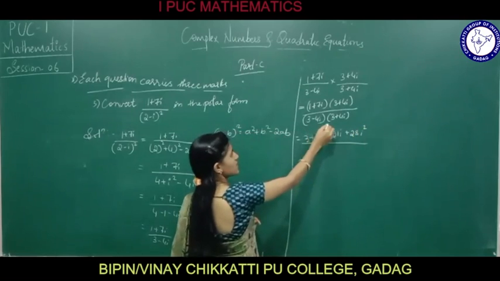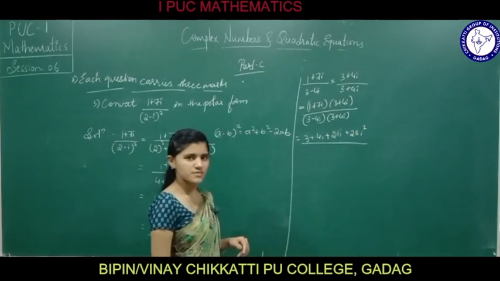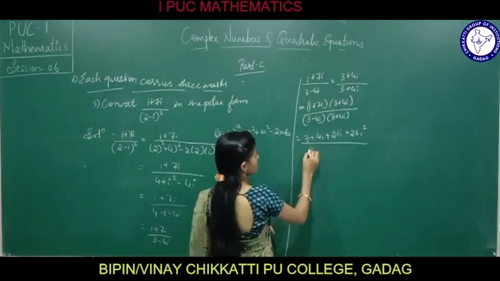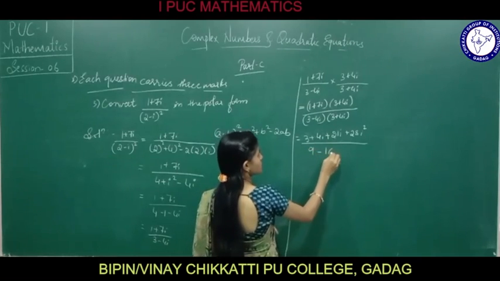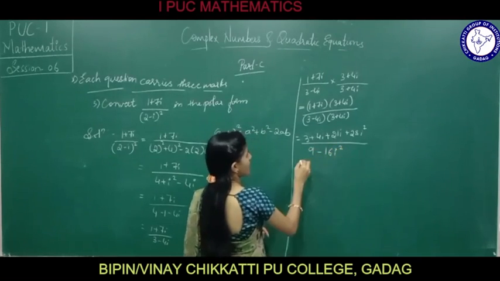Divided by, a minus b into a plus b is a square minus b square, right?